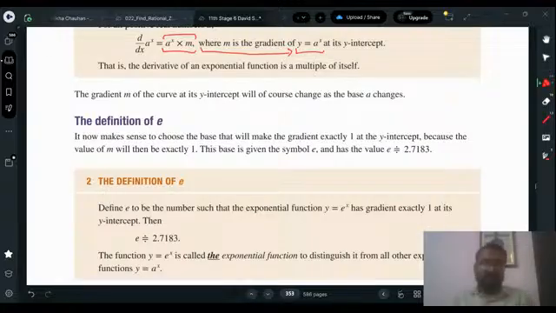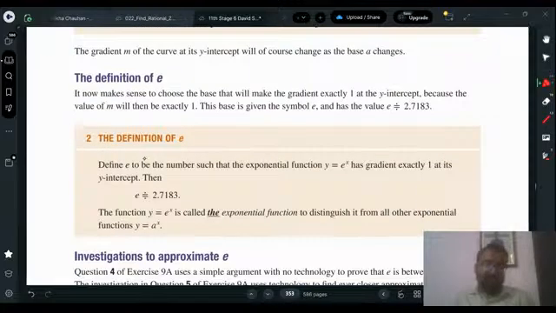Next, the definition of e. E is a mathematical constant. Can you read these two lines?